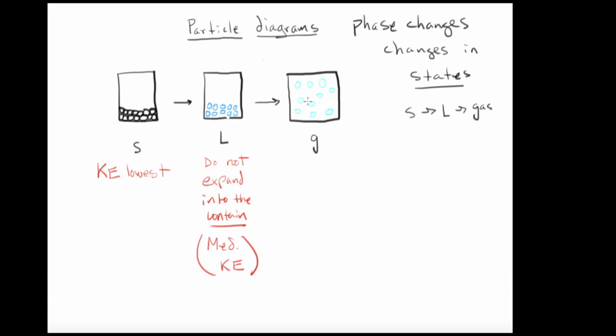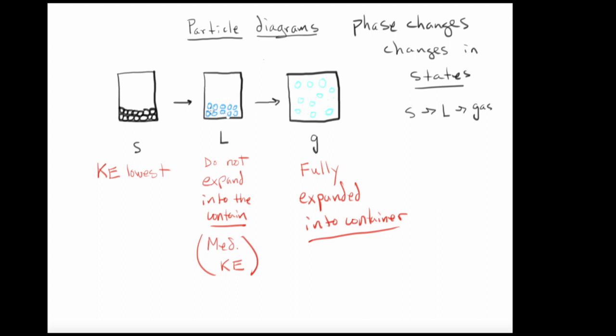And then typically the gas, the material is fully expanded into the container. Make sure to watch out for that, because when you inspect both the diagram for the liquid and the diagram for the gas, you can see the differences.